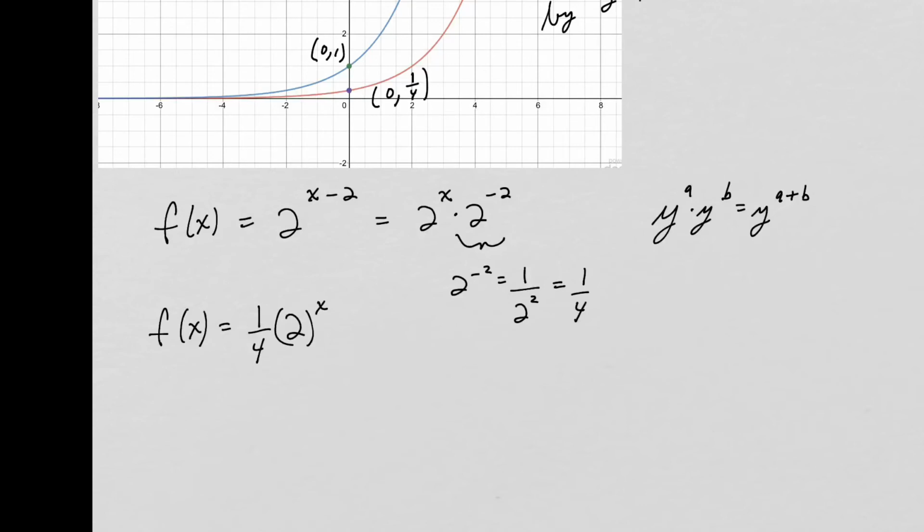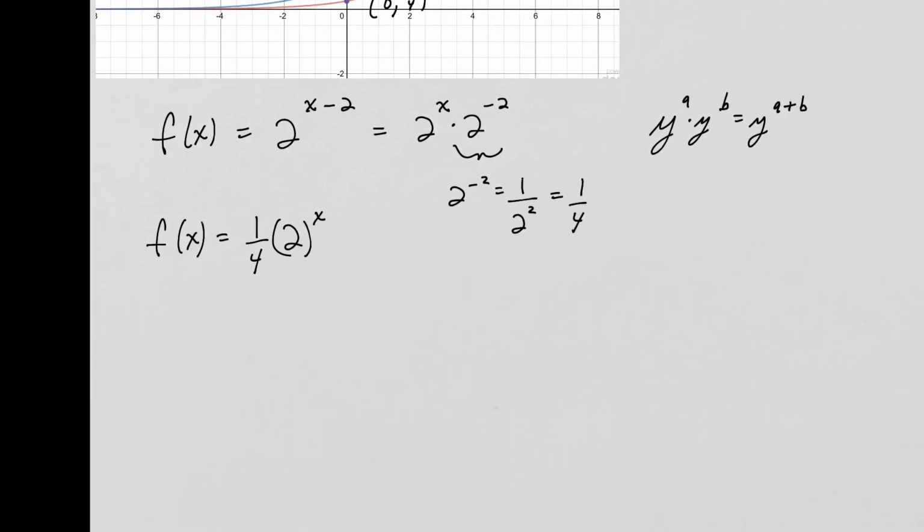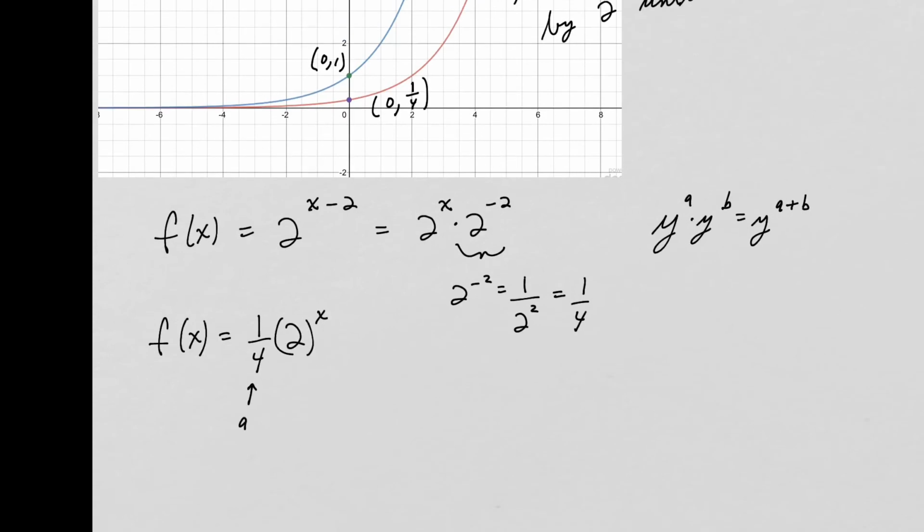So my a, remember this is my a here, has changed from 1 when it was just 2 to the x, and that's what we're seeing on the graph here, the point (0, 1). Now the a is changing to 1/4. So a horizontal shift you can think about as just corresponding to a change in the initial value of the function.